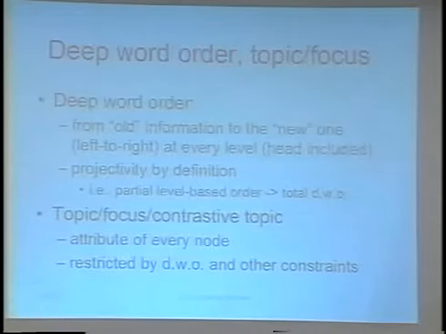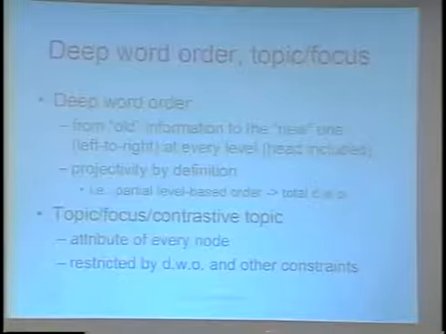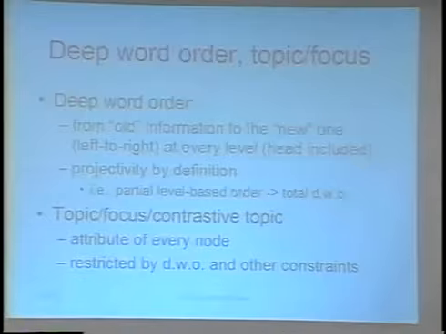We believe that in every sentence, you can order the words or the constituents in the sentence from left to right in the order of what has been already mentioned before or what's known from the context, to the thing that is actually new in the utterance, what is the new information in the sentence.